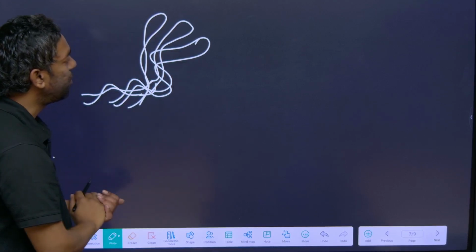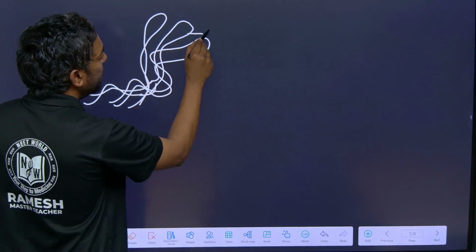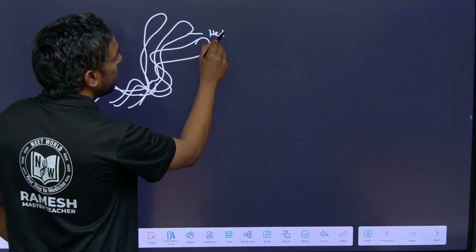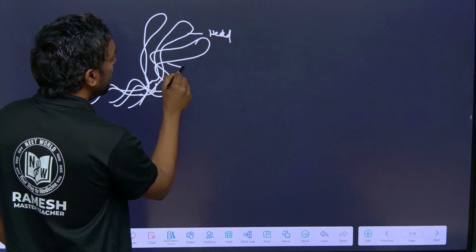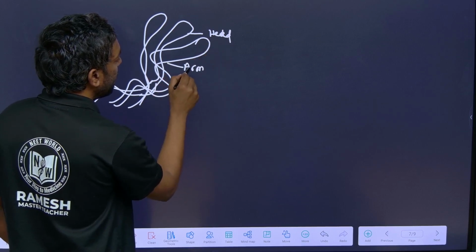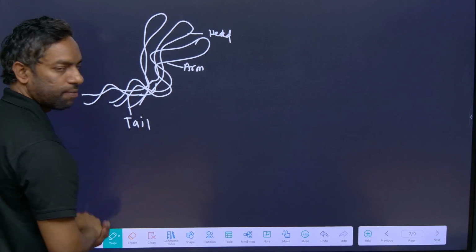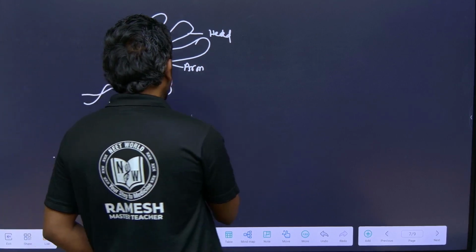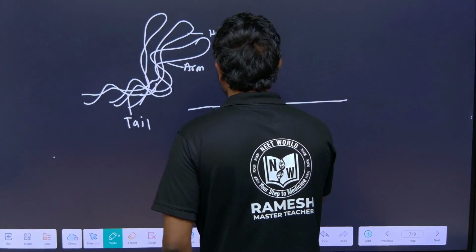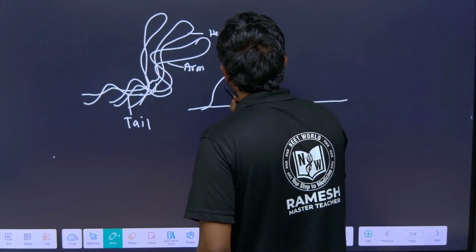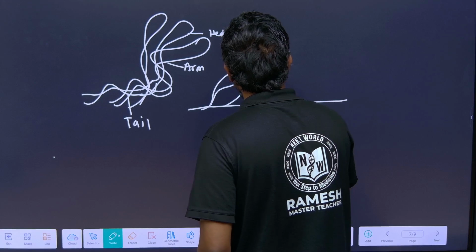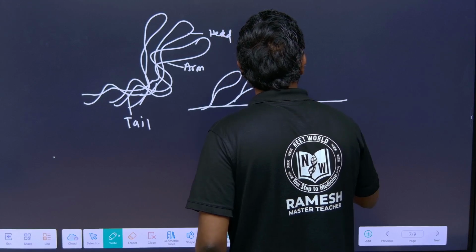This is a unit of meromyosin: this is the head, this is the arm, this is the tail. They come together in this way for muscle contraction.